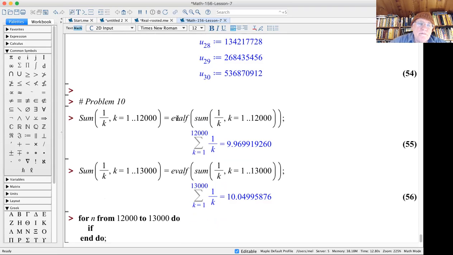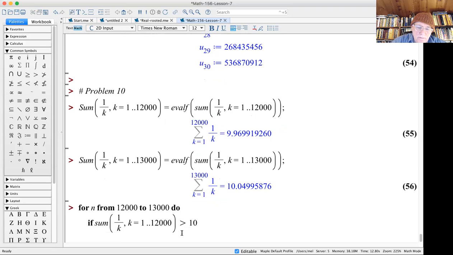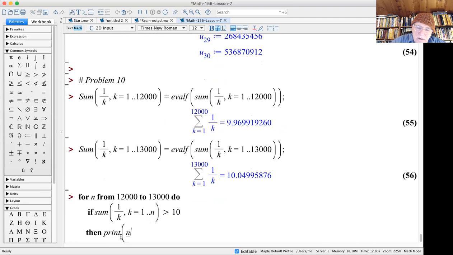So if this sum is greater than 10, then, so the sum from k up to n is greater than 10, then print n.